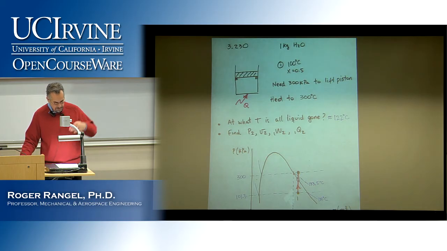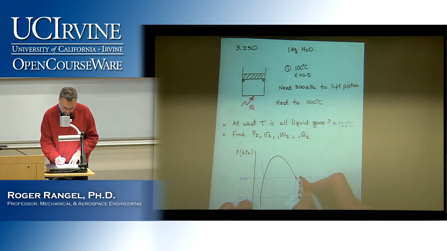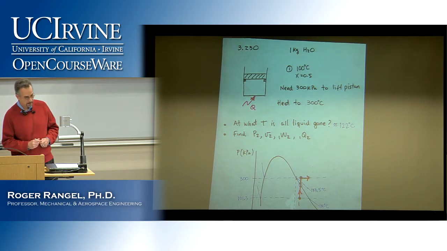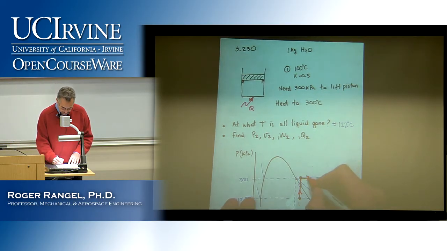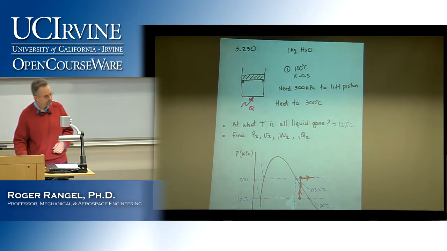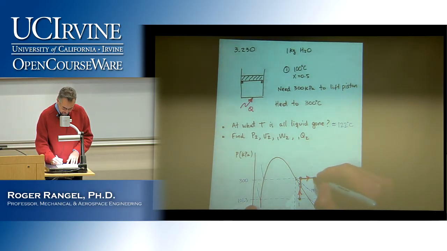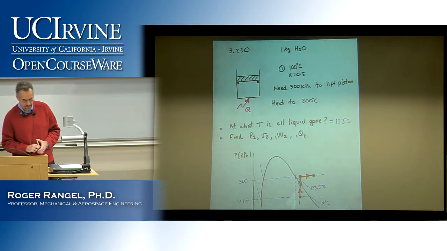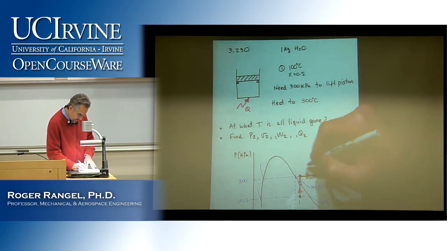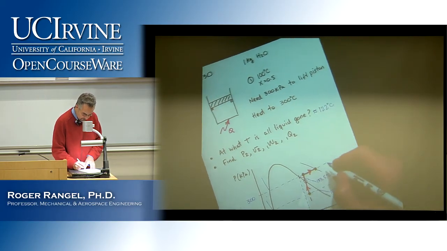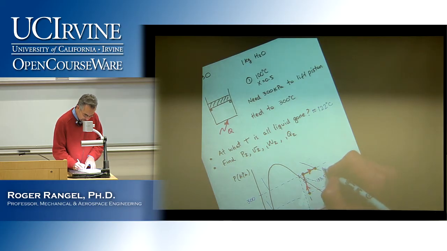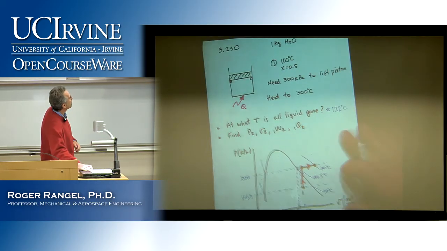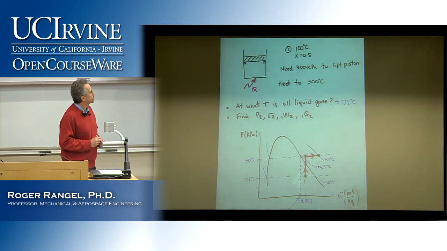But of course now the piston is rising, so now the process is a constant pressure process. I need to make a sharp turn to the right and keep going until I reach a temperature of 300. So I'm going to finish here. That's really my final state, where I intersect the line that is missing here, which is the line for 300 degrees Celsius. 300 Celsius.